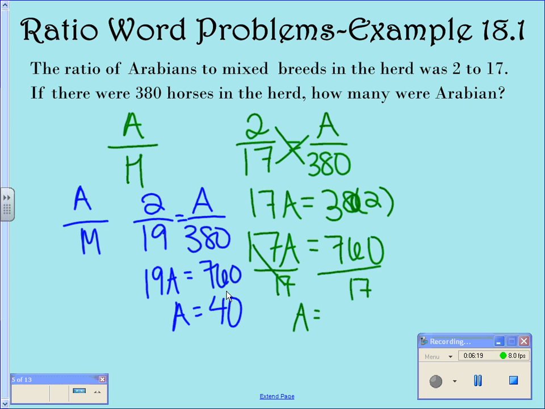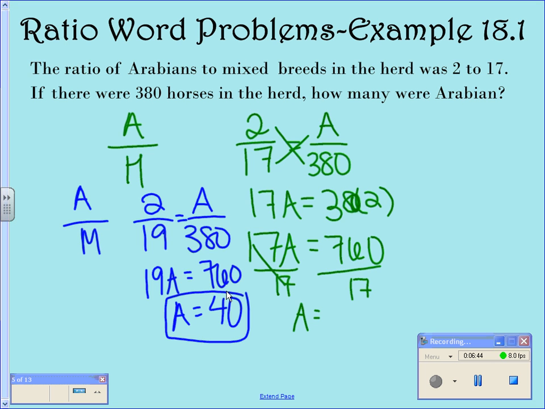How many were Arabian? 40? Does that make sense? Arabians to the, well, you could do whatever letter. Yeah. Does that make sense?